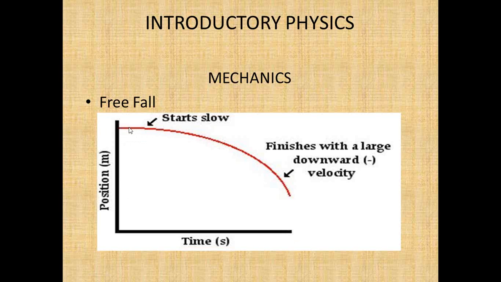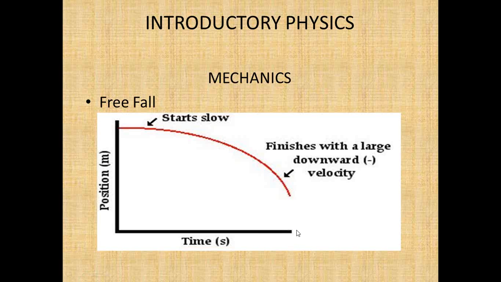Then when you drop it, it starts slow. Look at the slope. Remember, the slope of the position time graph is your velocity. So it starts slow, and then as the slope increases, it tells you that the velocity is getting greater and greater until some time later, when it hits the ground, the position will be zero.